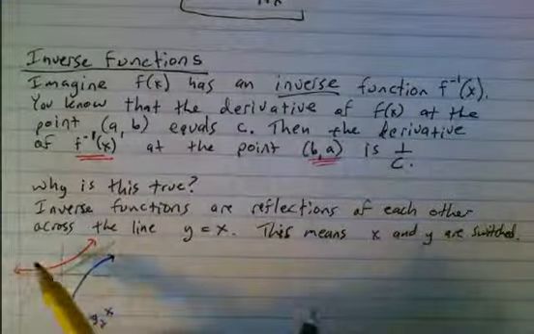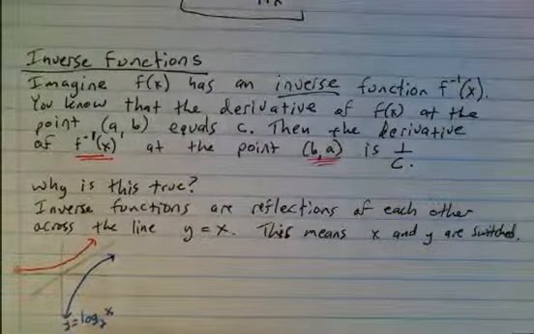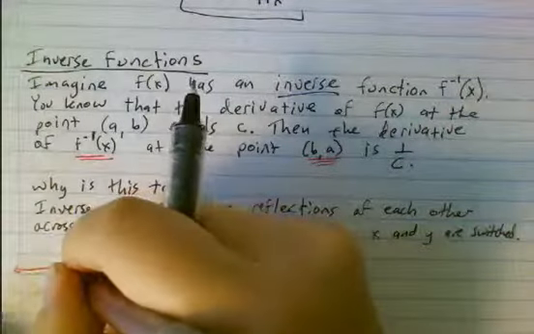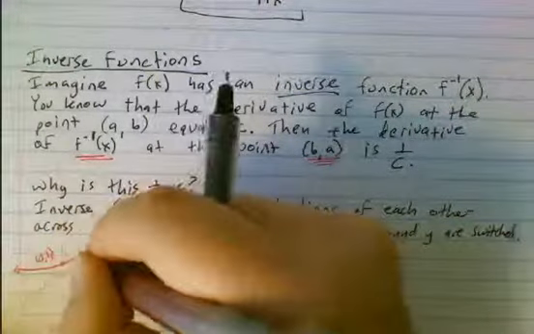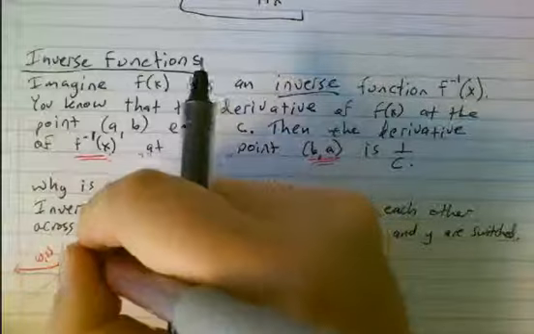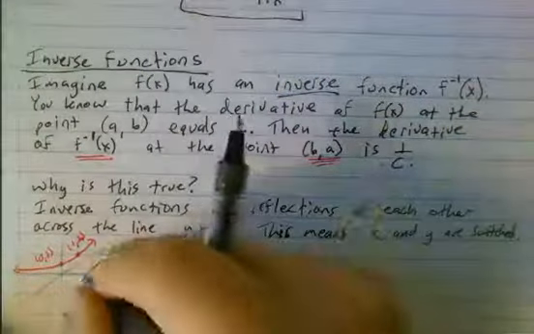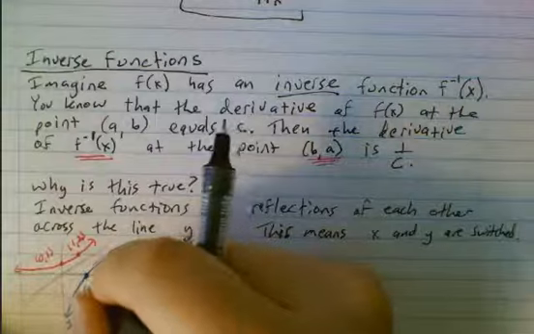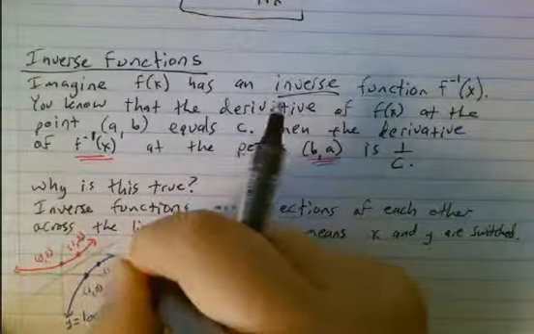They've just sort of been reflected. And so what that means is that x and y are switched. So this point here is 0, 1. This point here, for example, is 1, 2. And over here it's the other way around. This is 1, 0. This is 2, 1.